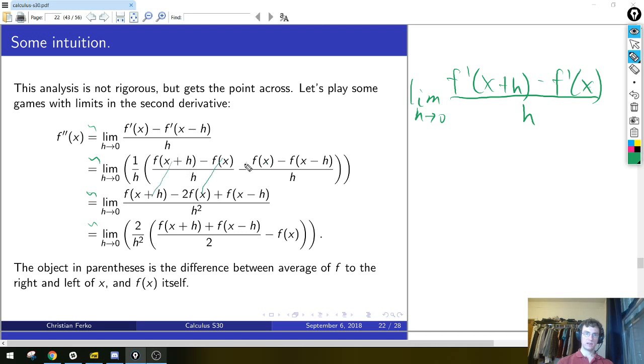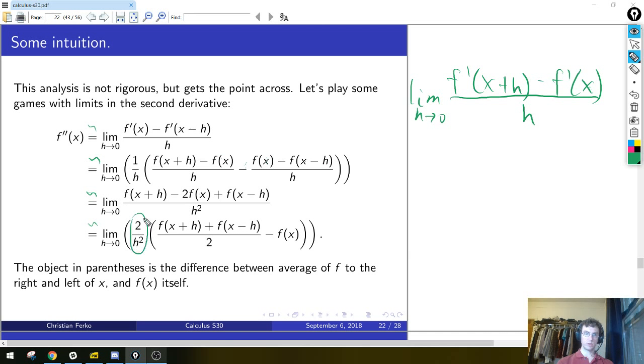Now be careful about distributing a minus sign, because the minus sign goes onto f, and it also goes onto minus f of x minus h, so that changes to a plus f of x minus h. Then we have a second copy of minus f of x, so I combine those two like terms: minus 2f of x. So that's just algebra.